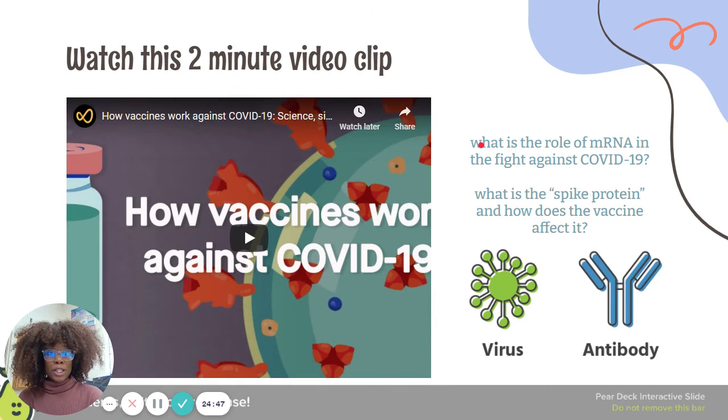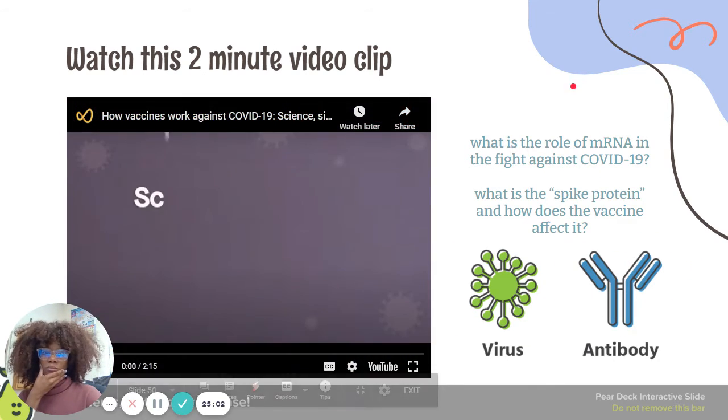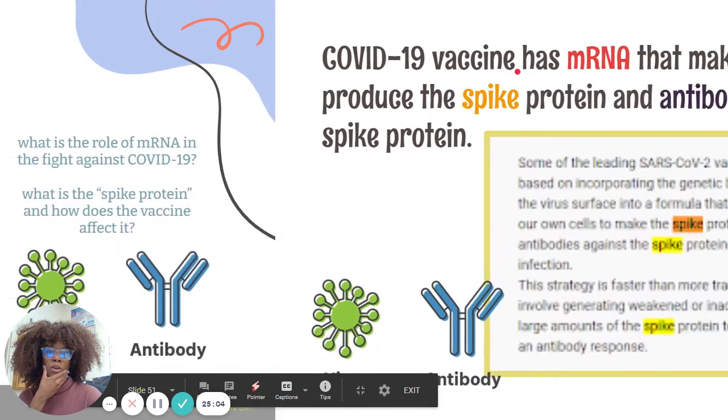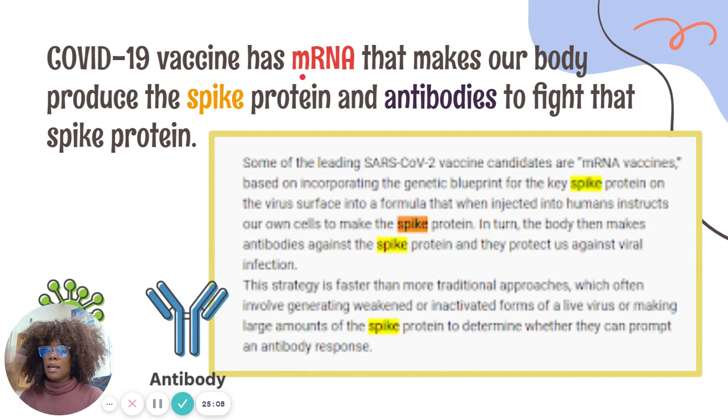So now your actual question is, what is the role of mRNA in the fight against COVID-19? What is the spike protein, and how does a vaccine affect it? Here's a little picture to try and help you. This is what the virus looks like, and this is the antibody. Essentially, the COVID-19 vaccine has mRNA that makes our body produce the spike protein.